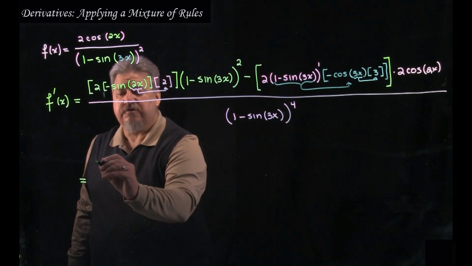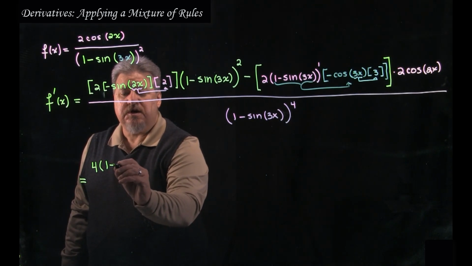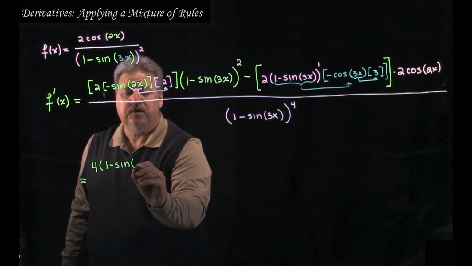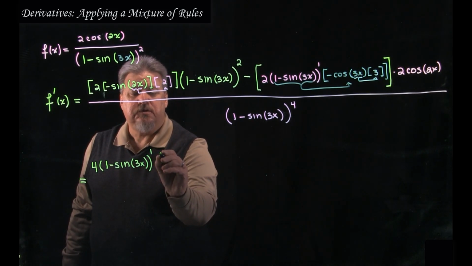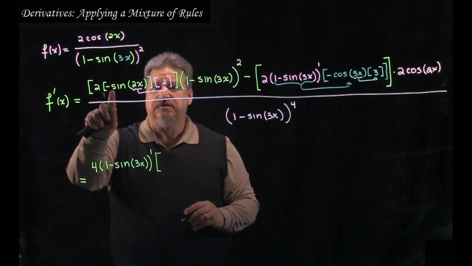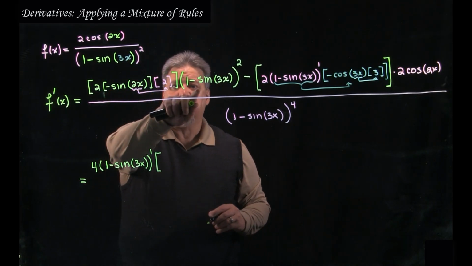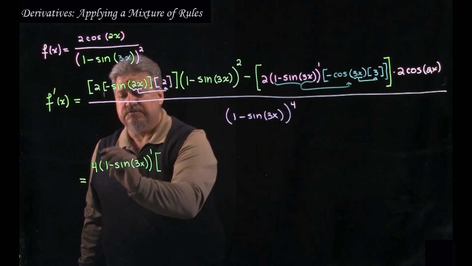So I'm going to factor out a 4. I'm going to factor out a 1 minus sine 3x to the 1st power, and everything else will be what it is. 2 times 2 is 4, that's gone. We have a negative here, one of these is gone, so I should have factored out a minus. I'm going to factor this minus out as well.